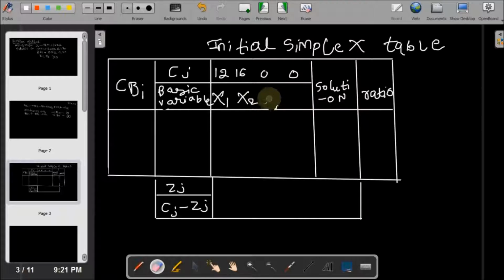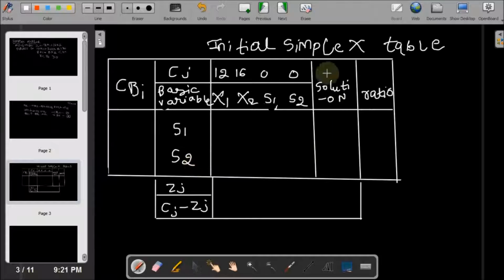I have to write s1 and s2 because s1 is also a slack variable and s2 is also a slack variable. So I added the basic variables x1, x2, s1, s2. Now in this column you have to add the slack variables, so s1 and s2.